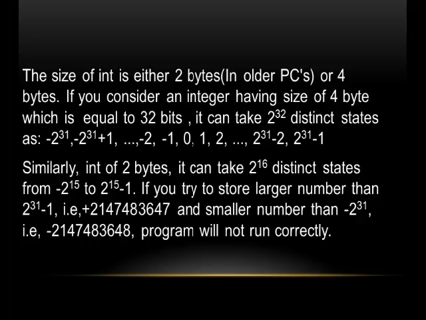If you're using a 16-bit processor, 2 bytes of memory will be allocated for int. If you're using a 32-bit processor, it is 4 bytes, and if you're using a 64-bit, it is 8 bytes. If you want to use an integer value that crosses the above limit, then you could use long int, for which the limits are very high.